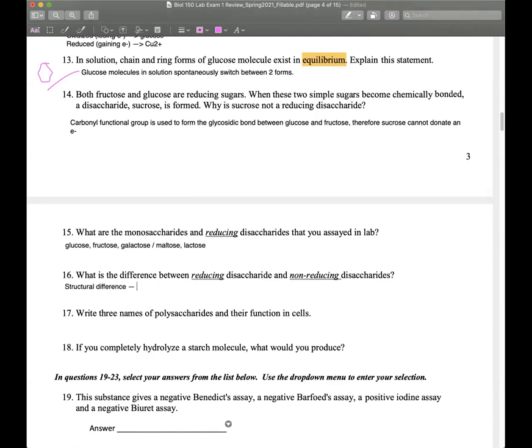Carbonyl group. Right, yeah. So the non-reducing disaccharides do not have that available carbonyl group. So it is a functional or behavioral difference of the molecule that is defined by a structural difference.